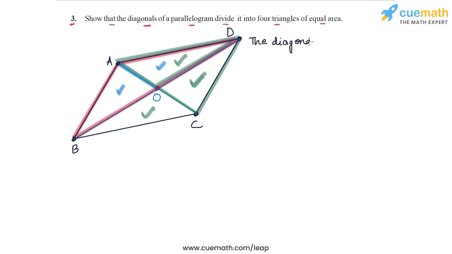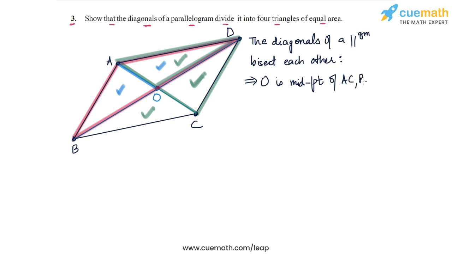So the diagonals of a parallelogram bisect each other, which basically means that O, the point of intersection, is the midpoint of both diagonals AC as well as BD. Now let's take any of the 2 triangles that we took. So let's take the triangle ABD.